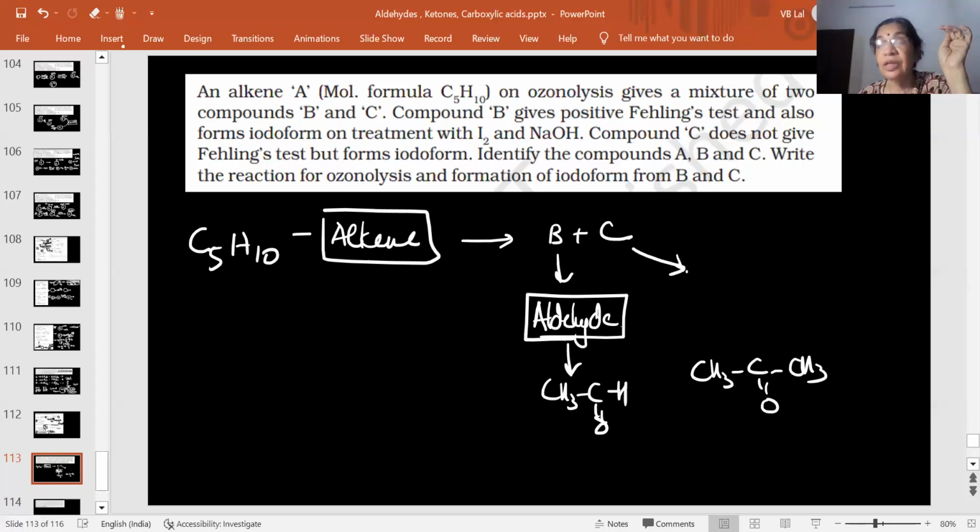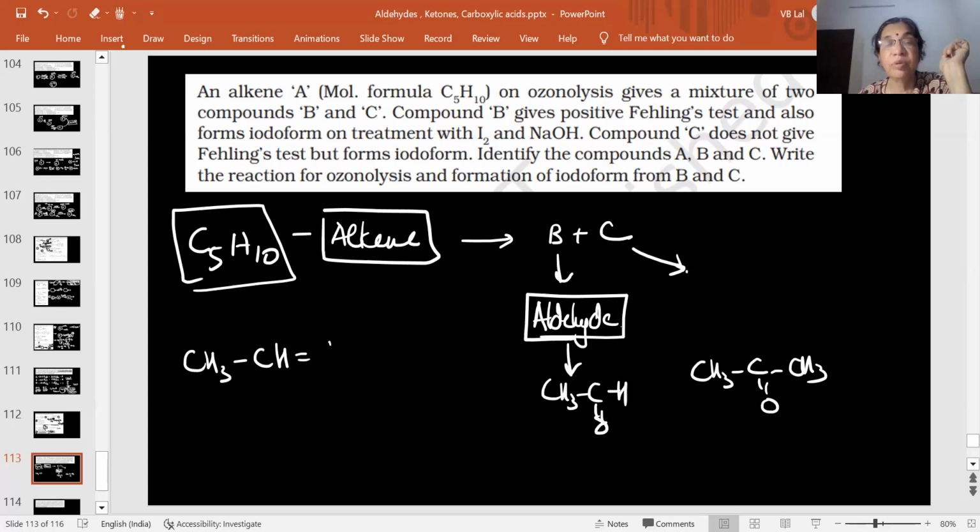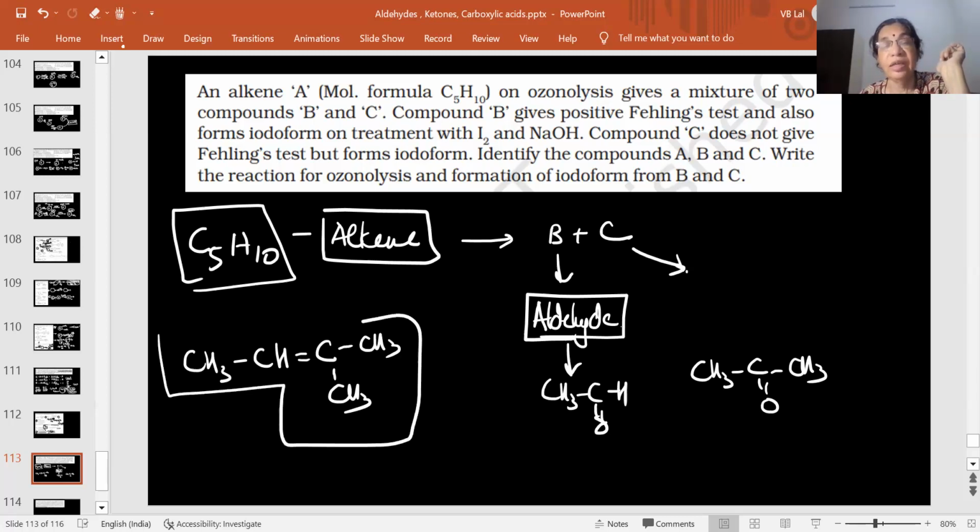So this is ethanal, this is propanone. So what will be C5H10? C5H10 will be CH3, C, H double bond C, CH3, CH. Can you make out? This is your alkene. And this alkene will give me this plus this.